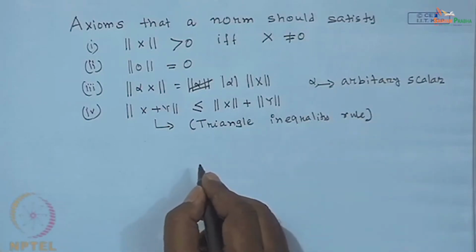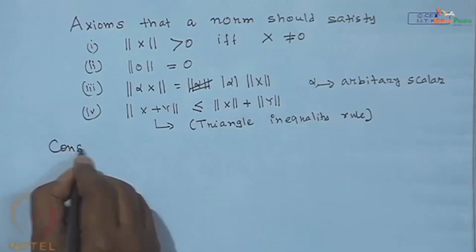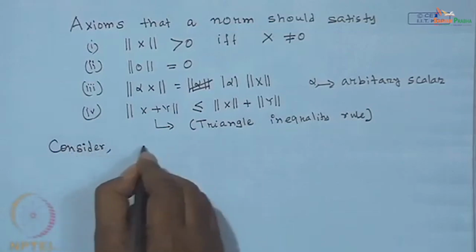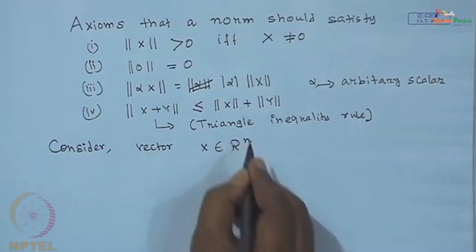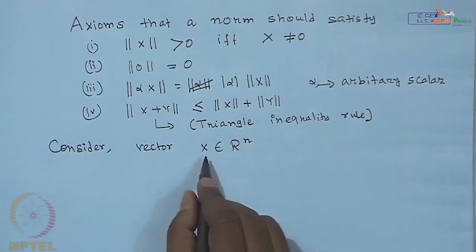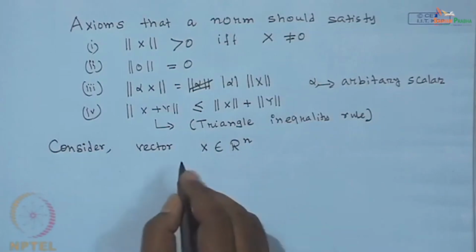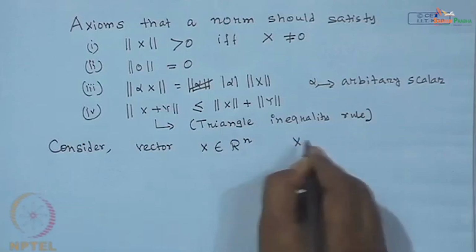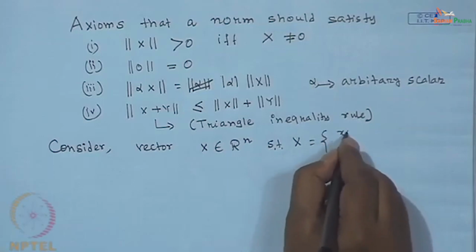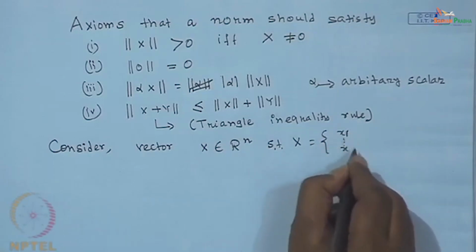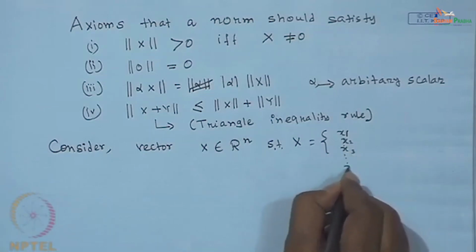Next, we look into how the norm is defined given a vector. Consider a vector x such that x belongs to R^n, that means x belongs to a real number space of dimension n. Therefore, x will constitute n real valued elements x 1, x 2 up to x n.